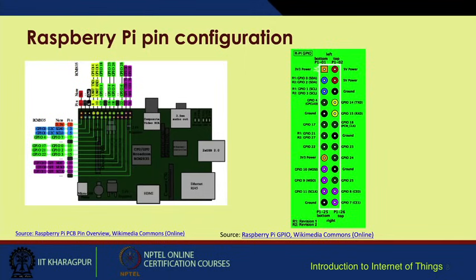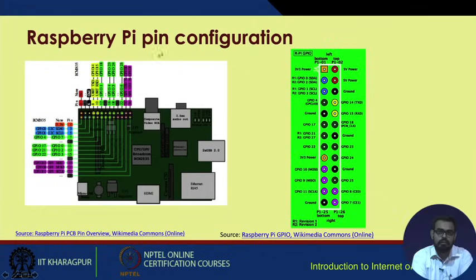If you pay attention to this, these GPIO pins are a bit confusing. So I have included one chart describing the pin configurations. Over here, these two red pins are the 5-volt power pins. The black ones over here are the ground pins, and the remaining are GPIO pins.